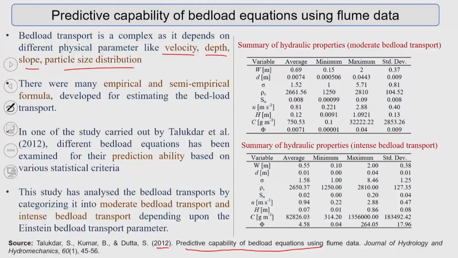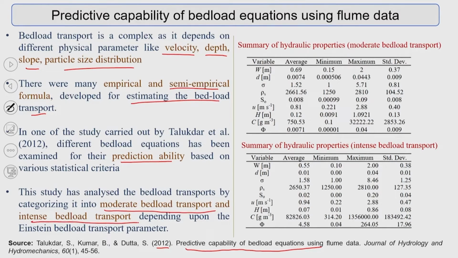These semi-empirical formulas are used to estimate bed load transport. Basically, in that paper we looked at the predictability of the bed load equations, and we divided it into two parts: moderate bed load transport and intense bed load transport.